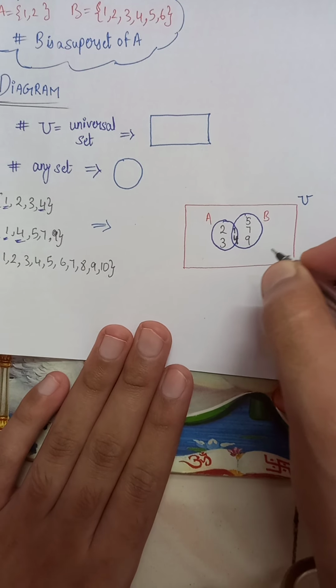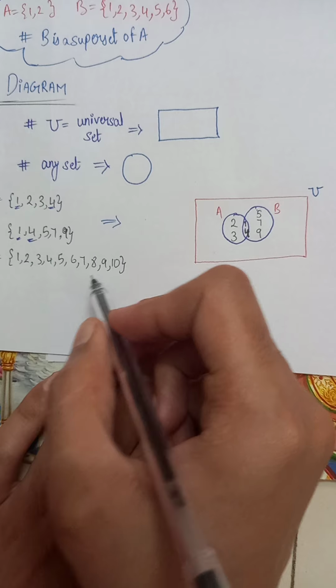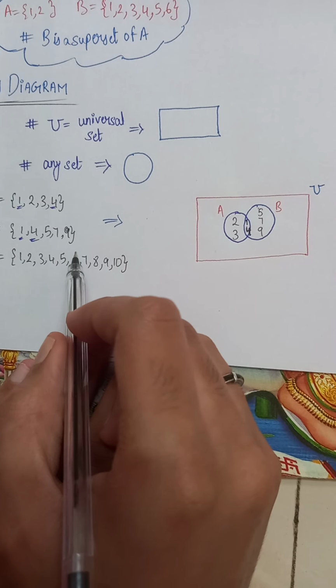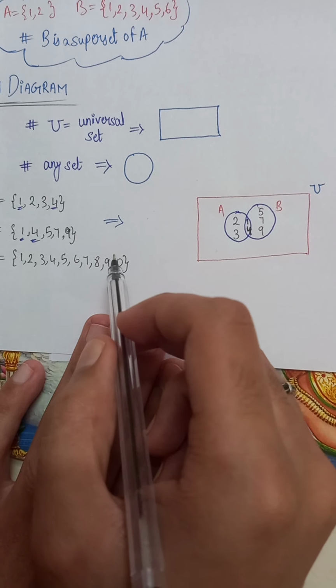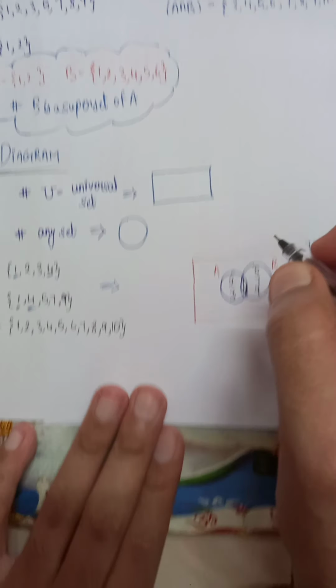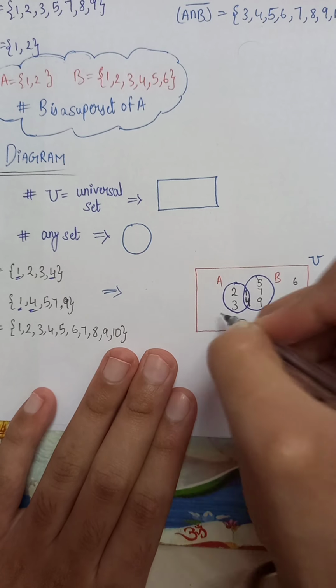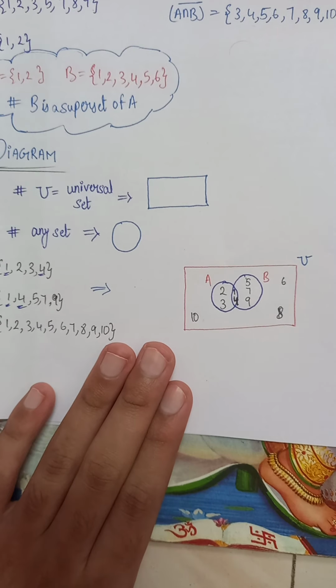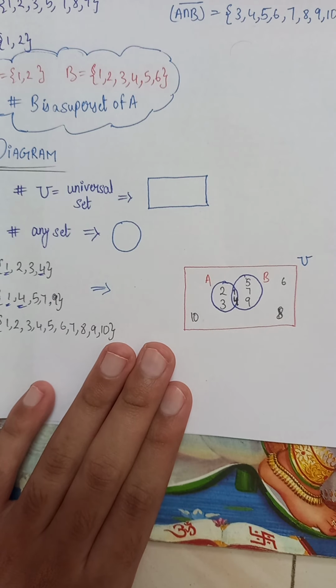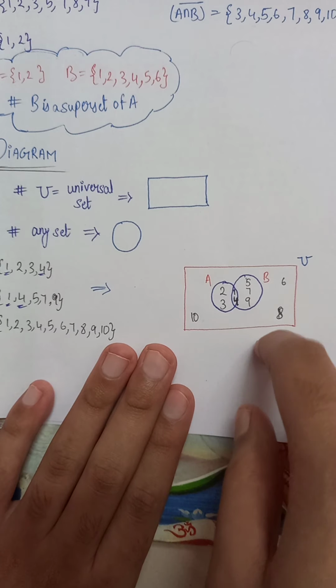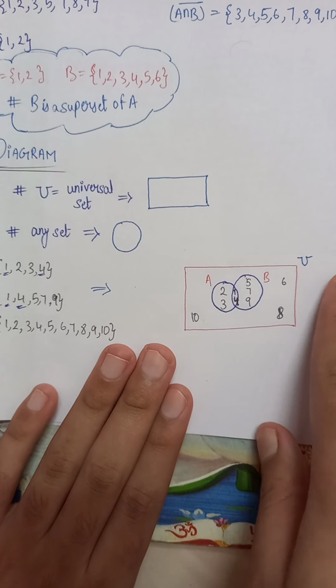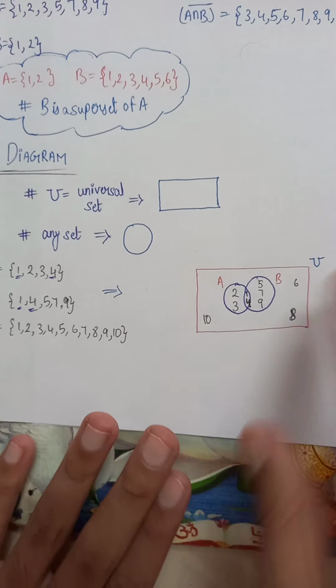The elements left out are 6, 8, and 10. We usually don't write this. I'm just writing this for the sake of explaining to you. So this is how you represent it.